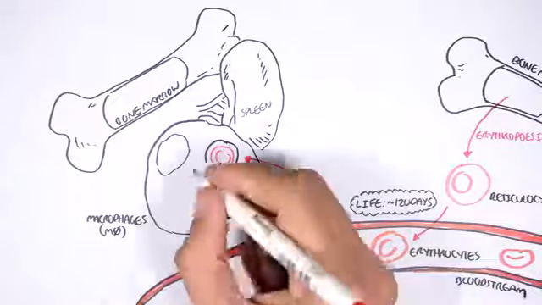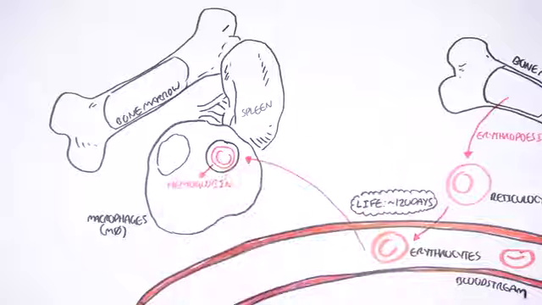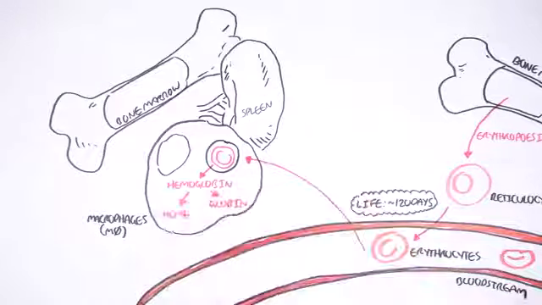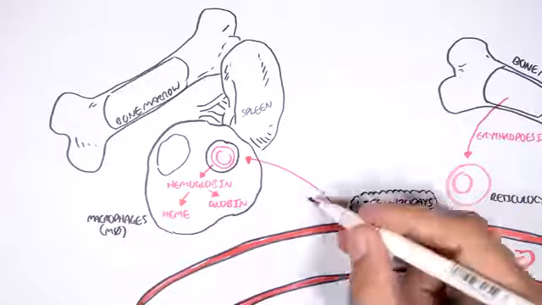The hemoglobin molecules will then be broken down into two main components, the heme and the globin. Globin is essentially protein, and so it will be broken down to amino acids, which then re-enter the blood and are reused for erythropoiesis again.